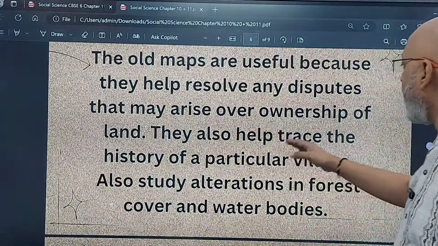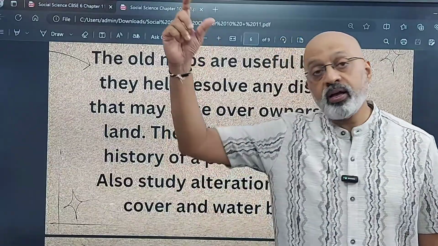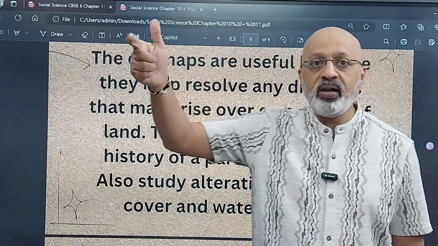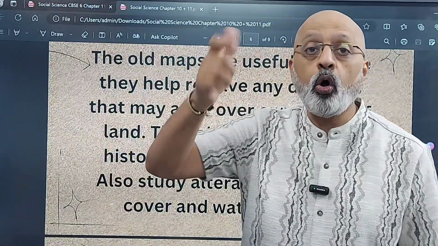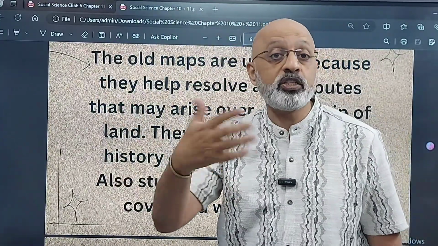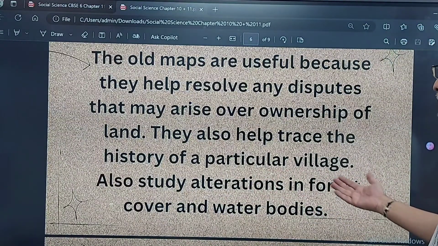So the land records help resolve any disputes that may arise over ownership of land. They also help trace the history of a particular village, कि इस गांव का इतिहास क्या था, कौन यहां पहले आया था, कहां से ये शुरुआत हुई थी, किसने जमीन पहले खरीदी। All those things about the history of the village also it can help establish. And finally it can study alteration in forest cover.